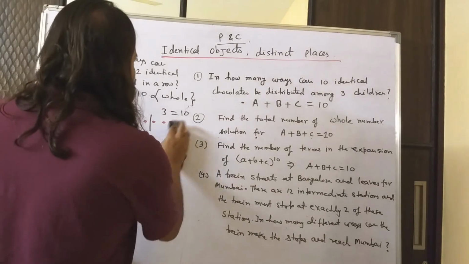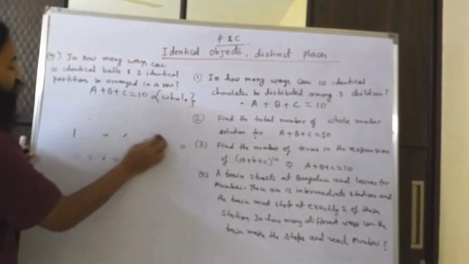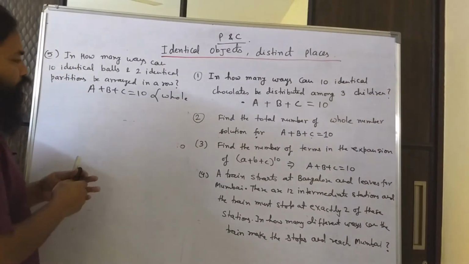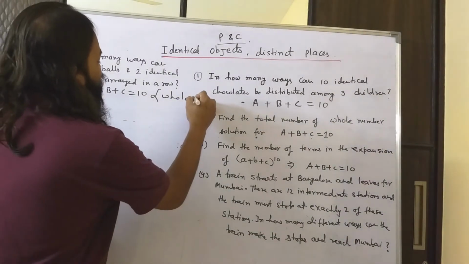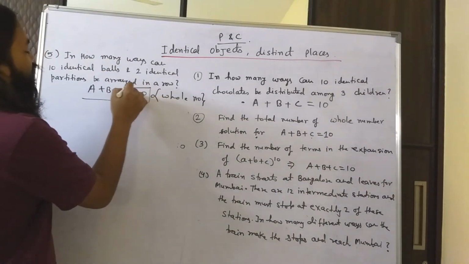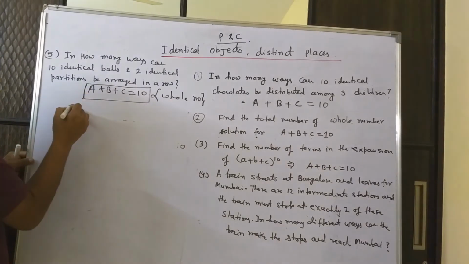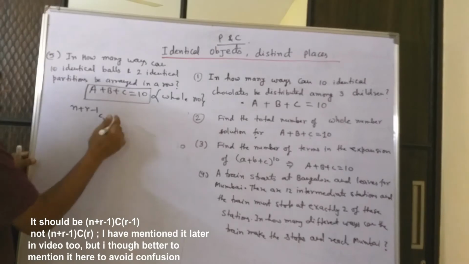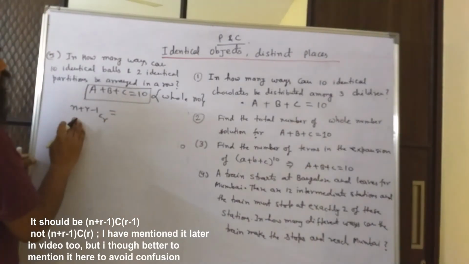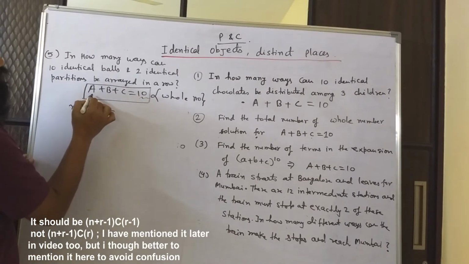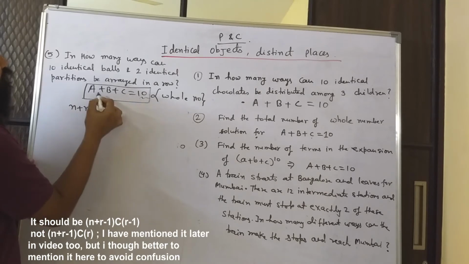Now let's come to the solution part. There is a well-known formula, many of you might be knowing. If you have an equation A plus B plus C equals 10, the whole number solutions are given by (n plus r minus 1) C r, where n is the things and r is the places.